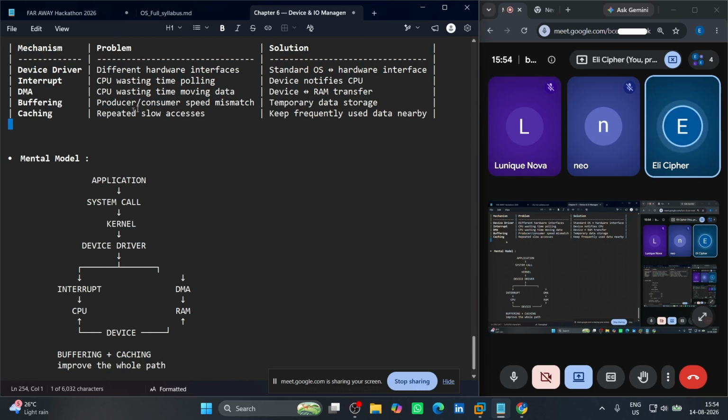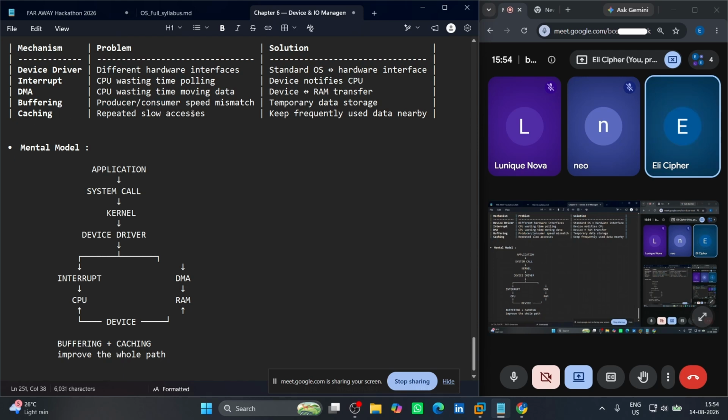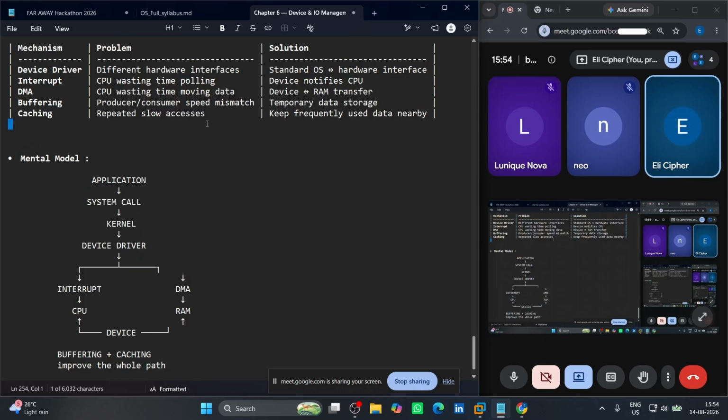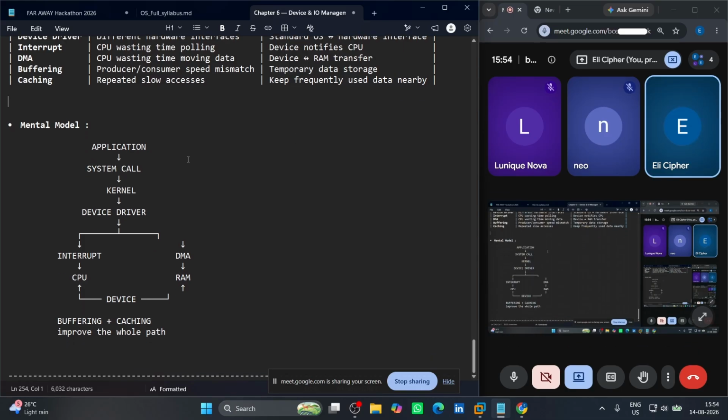And then we have cache: repeated slow access. If we need a particular piece of information again and again, it will slow down the speed. So what it does is keep frequently used data nearby, so that you can access it fast. Okay, this is a mental model you can remember.